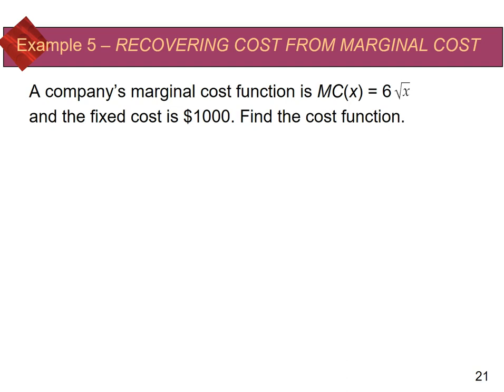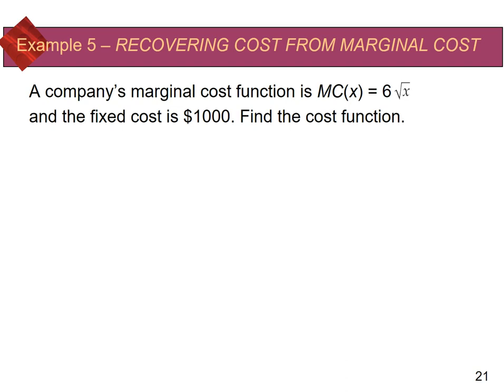So one of the things that you could possibly do now is, if you remember, when we had a cost function, we would go to marginal cost by doing a derivative. Well, now if I know the marginal cost, I can go back to a cost function. What's going on with this particular problem is they say a company's marginal cost function is MC of x equals 6 times the square root of x, and the fixed cost is $1,000.